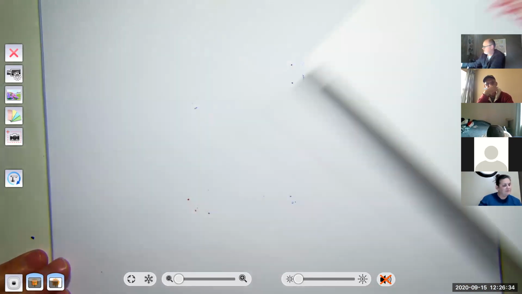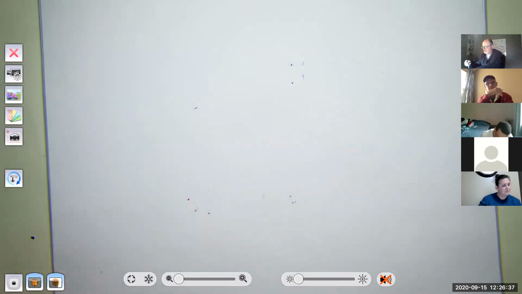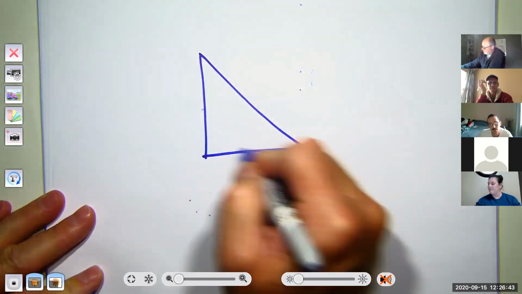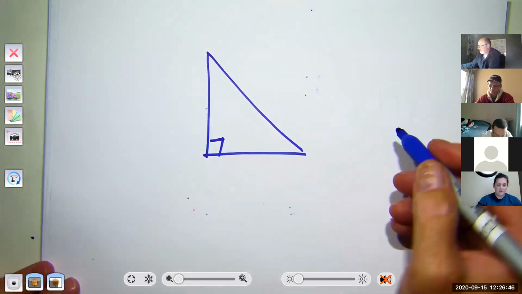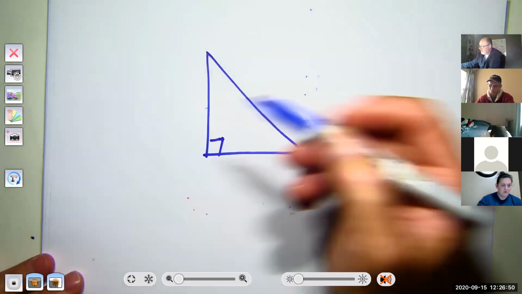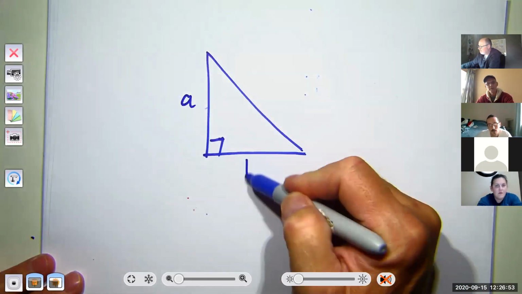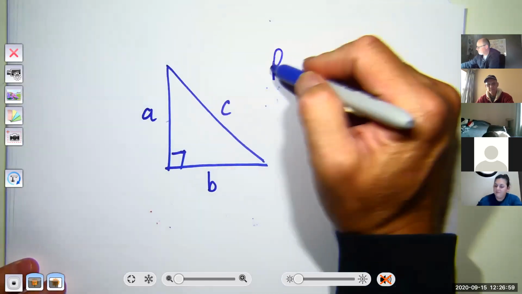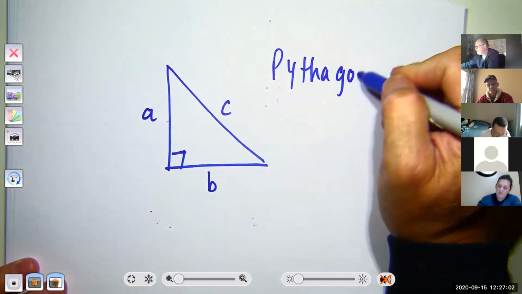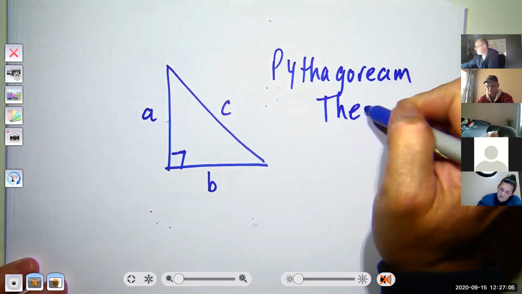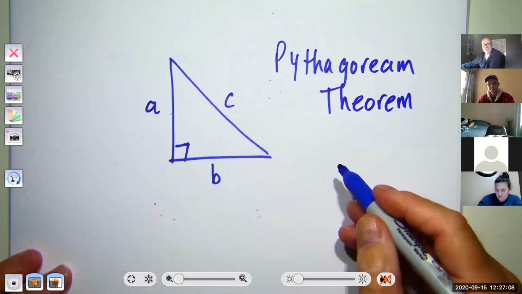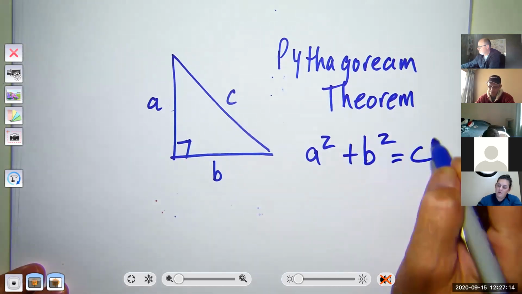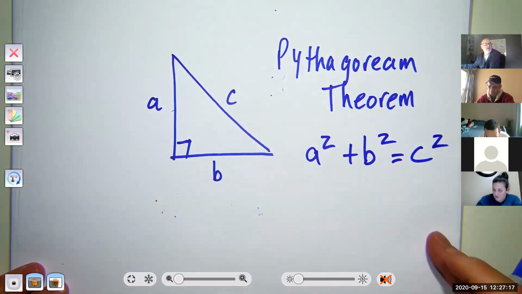I'm going to take that off there. I'm going to use a new screen here, new page. I have a right angle triangle, a 90-degree right angle triangle, and I typically name the sides A, B, and C. Now, Pythagorean theorem states that A squared plus B squared is equal to C squared.